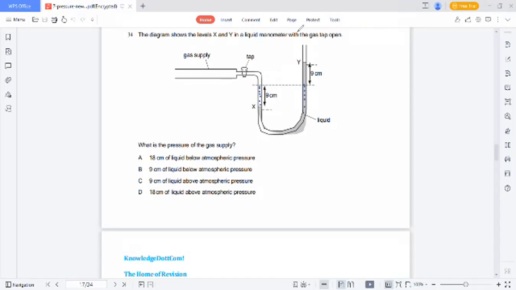At that time the liquid was still, but because it's an open end, you can see the liquid is experiencing atmospheric pressure here.